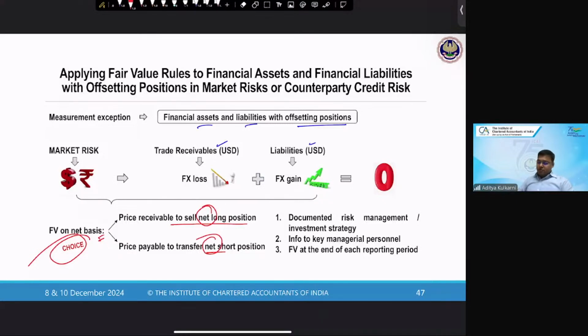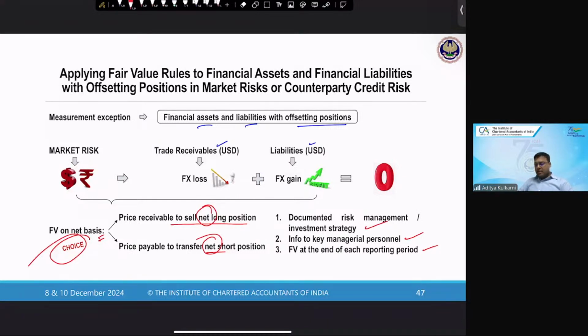Whatever you do, you need to have a documented risk management or investment strategy. You need to have given this information to the key managerial personnel that you intend to do a separate settlement or a net settlement. And you need to find out the fair value at the end of each reporting period and keep that as documented.